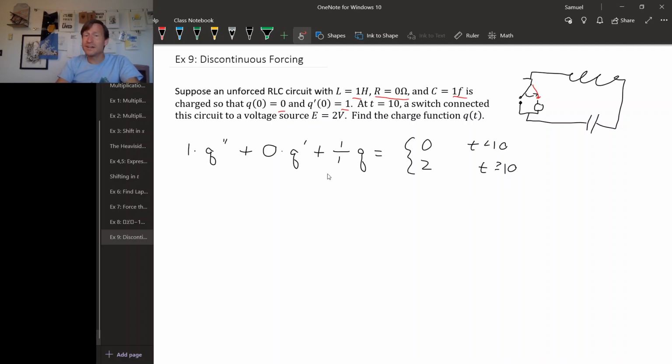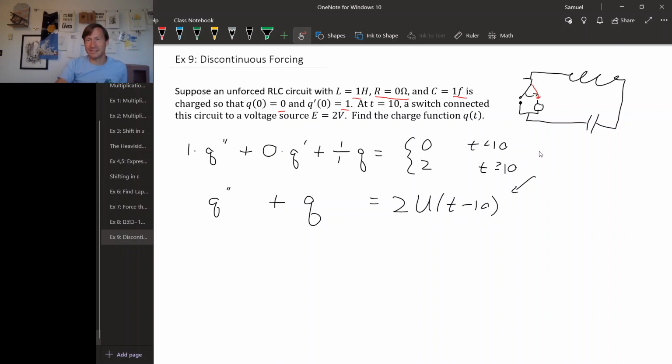To take the Laplace transform of this, we need to express this piecewise function using step functions. So just to rewrite this equation, we get q double prime plus q equals 2 times u of t minus 10. This step function is 0 until it turns on, at which point it becomes 2.